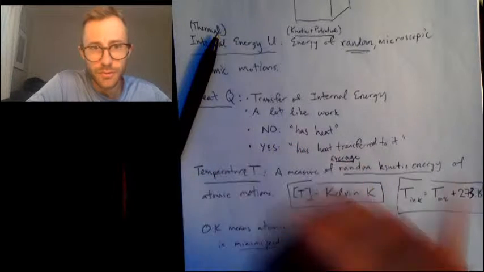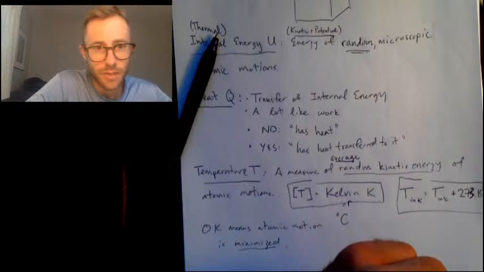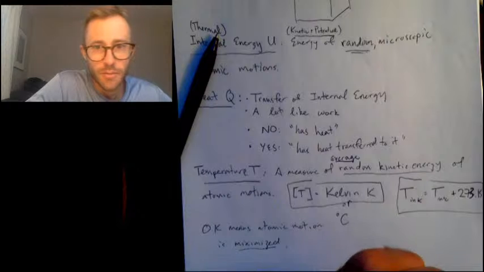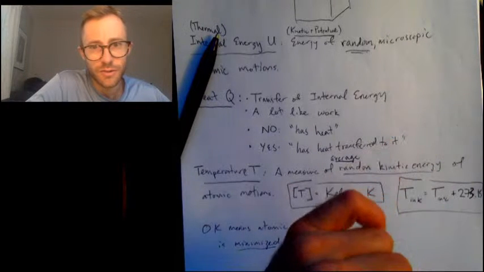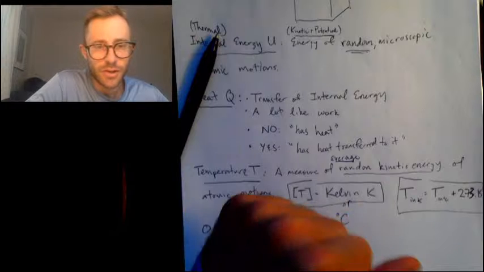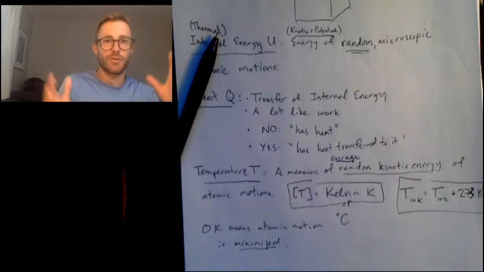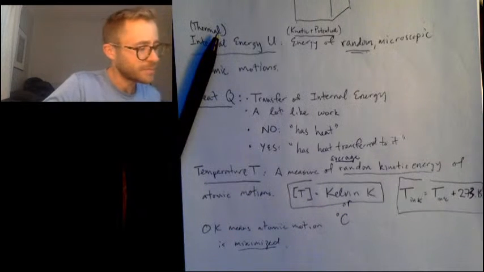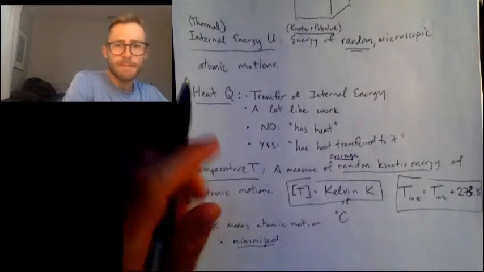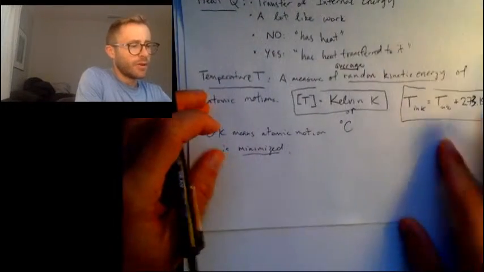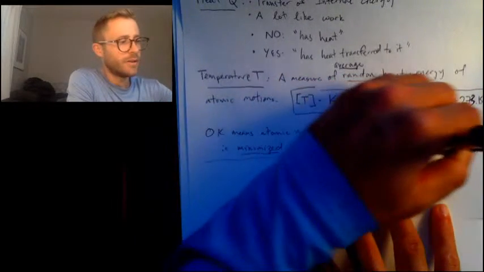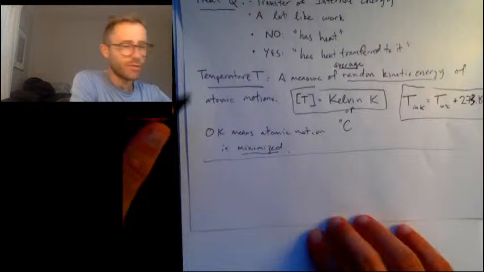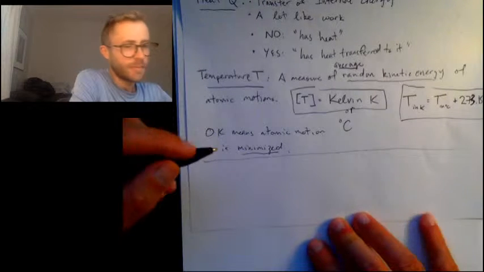They just use joules to measure temperature. But we're going to use Kelvin. Kelvin is used pretty much unless you're talking about the theoretical aspects of thermal physics. So these are just some introductory vocabulary terms.